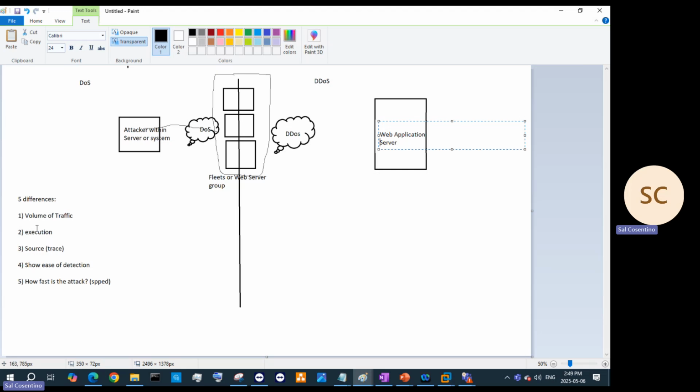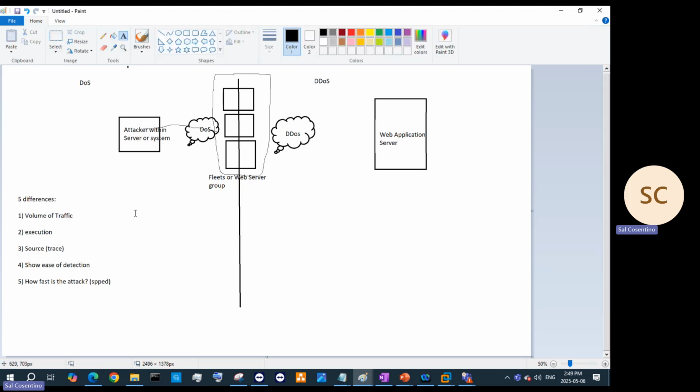Again, you have to note the five differences between the two, denial of service and DDoS. So in a denial of service here, when we look at the differences between the two, again, we're looking at one system, and the attacker had a big, powerful computer, which was the attacker of the system here. Let's see if I can get my arrow.